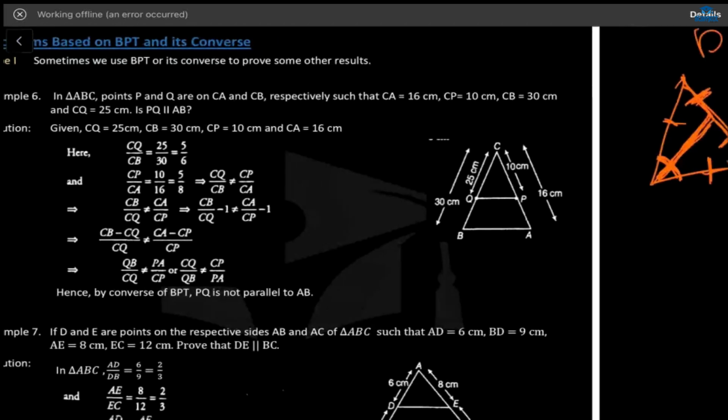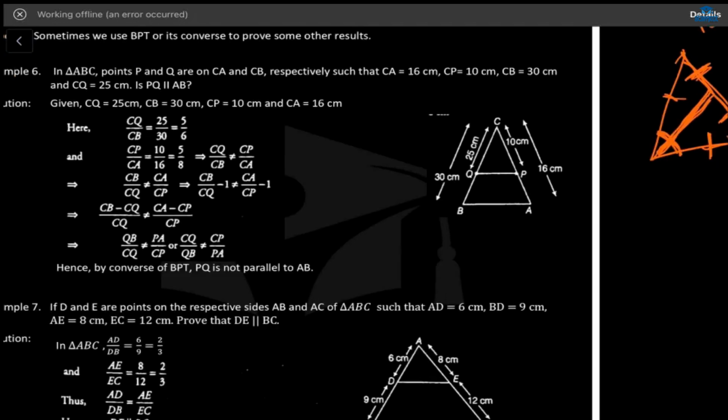Now, CQ by CB is given. It is not given CQ by QB; from there only we'll take out QB. The ratio of CQ by CB is 25 by 30, which is 5 by 6. Similarly, the ratio of CP by CA is 10 by 16, which is again 5 by 8. Both ratios are not the same, so CQ by CB is not equal to CP by CA.